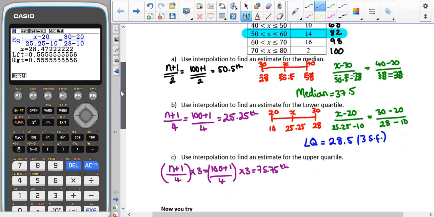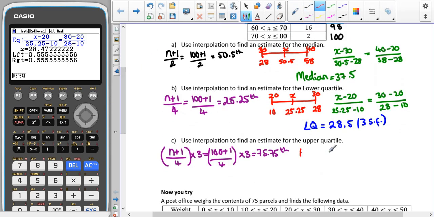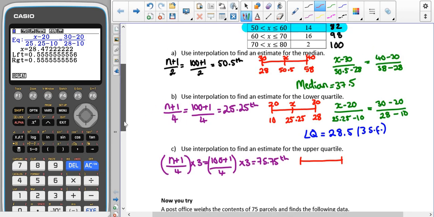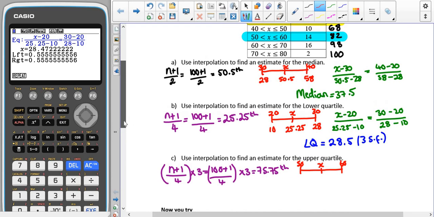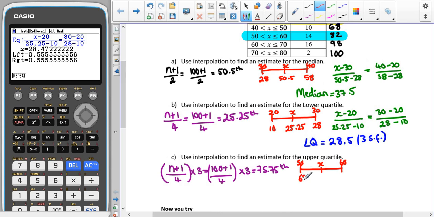So again, we need to draw our number line. So that interval starts at 50, it ends at 60, and somewhere in the middle there is our upper quartile. We have 68 pieces of data at the beginning, we have 82 pieces of data by the end of that interval, and we're looking for the 75.75 piece of data.